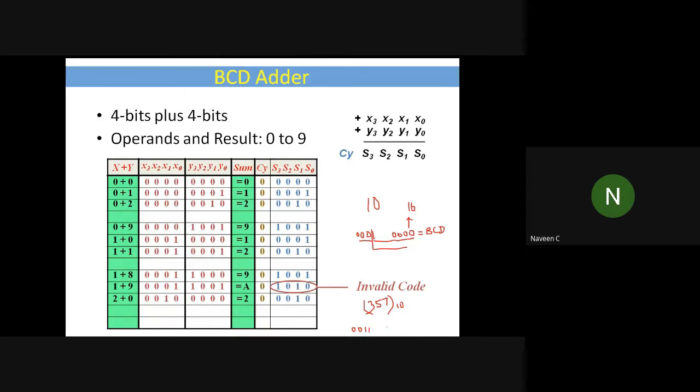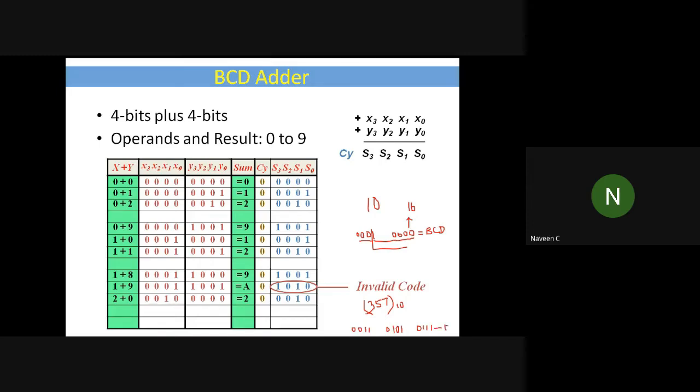For 5 it is 0 1 0 1. For 7 it is 0 1 1 1. So this is the BCD representation for 357.